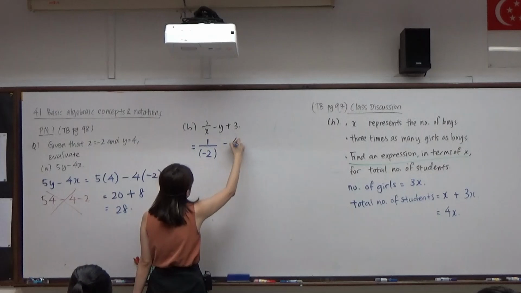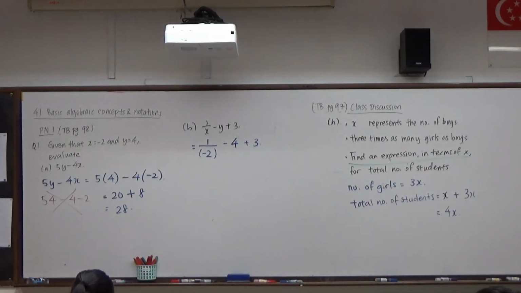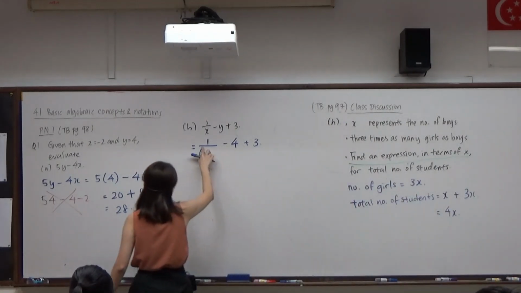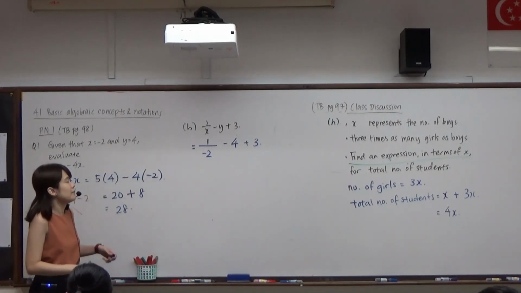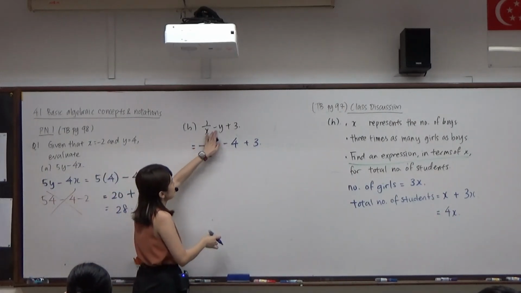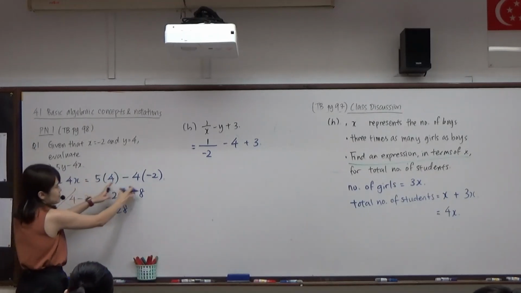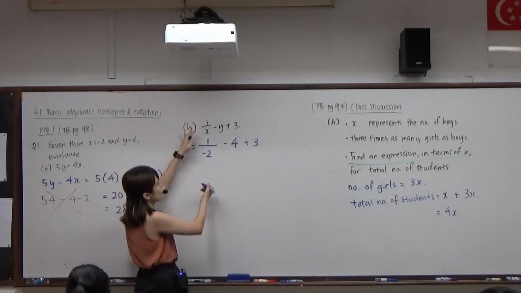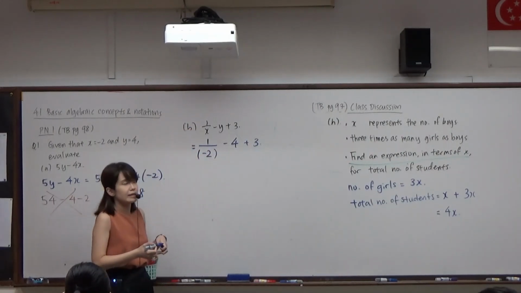Y is 4 plus 3. Notice that I don't really have brackets when I replace the x and y in this case, because there is no product, there is no multiplication going on. I needed these brackets to show the multiplication, whereas over here it's just 1 over x. X is alone by itself, so don't really need to have the brackets.